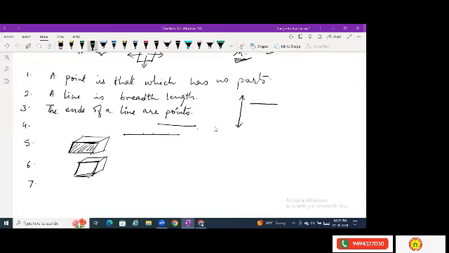Now, the seventh part that we said, the plane surface is a surface which lies evenly with the straight line on itself. So the plane surface is a surface which has a line on itself. We can draw any line on the surface like this. Yes, so these were some elements which were there in his book of elements.